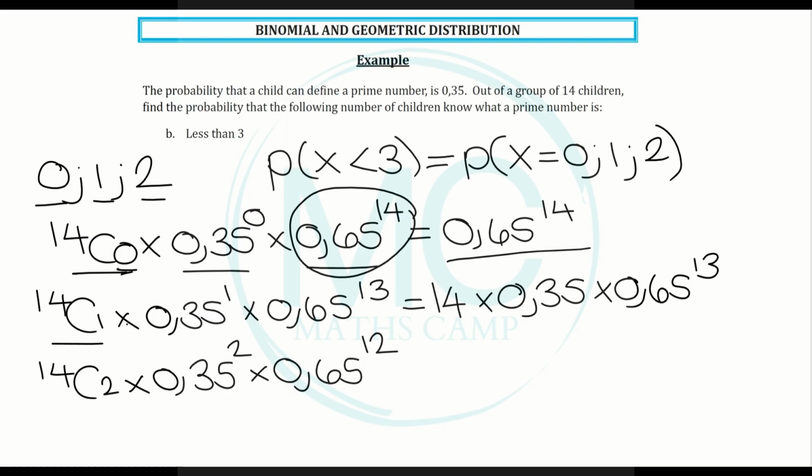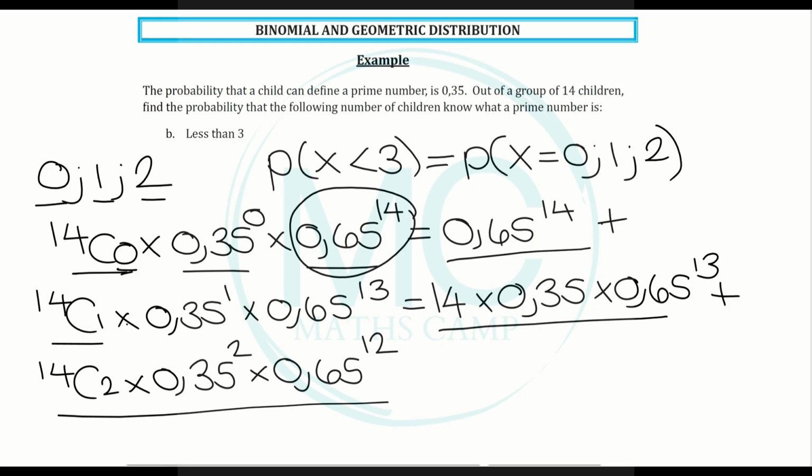These are the 3 sets of values that we need to consider. But remember that X could be 0, or X could be 1, or X could be 2. So we need to add these values together.